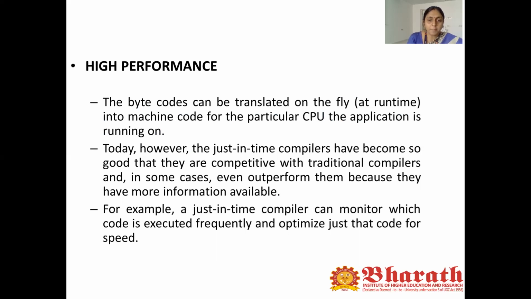So the just-in-time compiler can monitor which code is executed frequently and optimize just that code for speed, and that increases the speed of the JVM. So this just-in-time compiler, when embedded in the JVM, will increase the performance speed of the Java code.